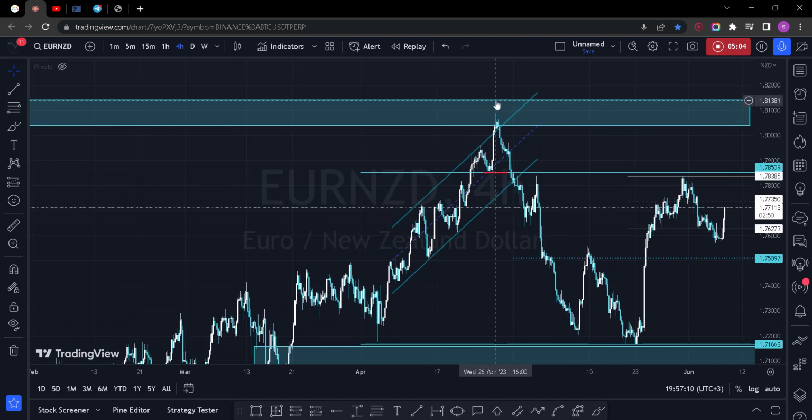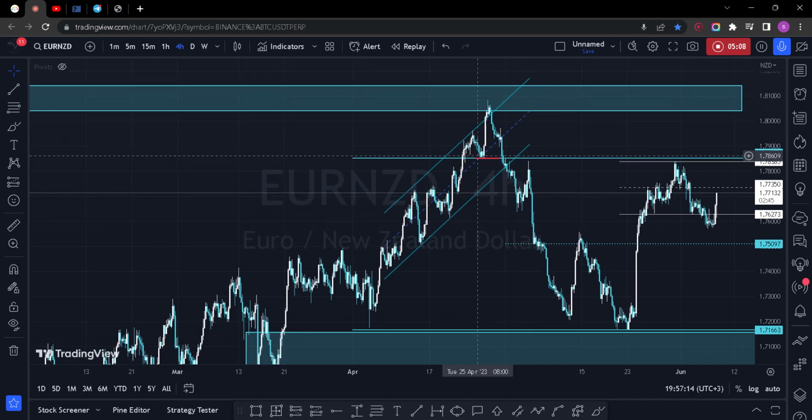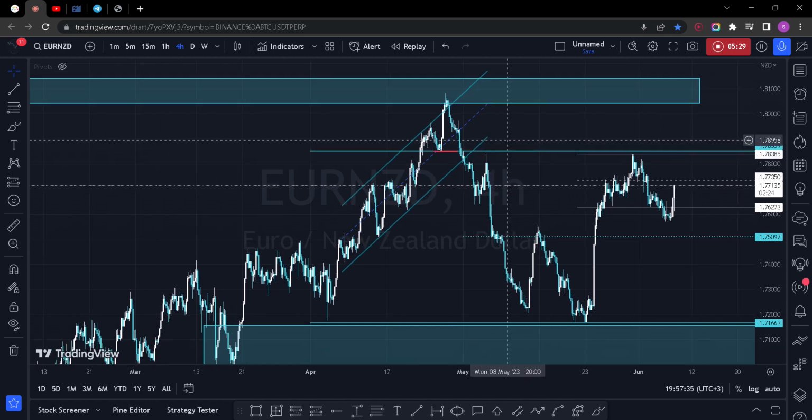After price sold off aggressively from my point of interest, what I like to look for is a break of structure, and specifically the low that led to that liquidity grab or liquidity sweep of my point of interest, coupled with an aggressive sell-off. So that break of structure is what I like to see for me to start considering entering a short.